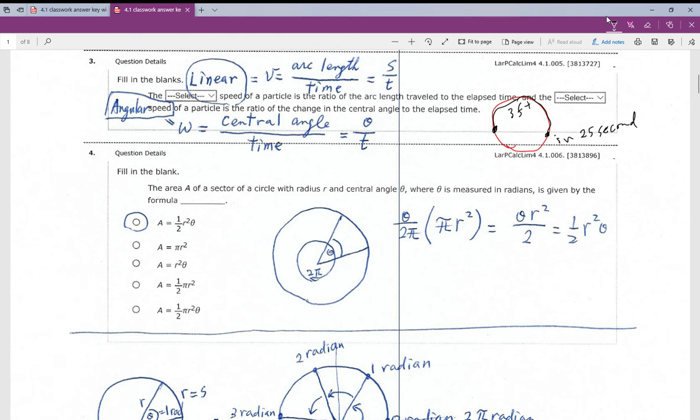Then obviously, how do you calculate the speed? The speed will be the length of the arc, 3 feet per 25 seconds.